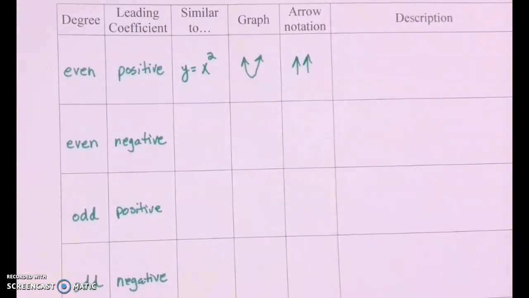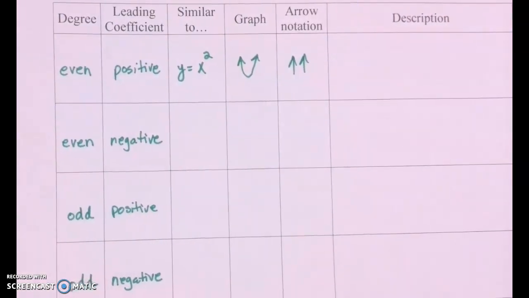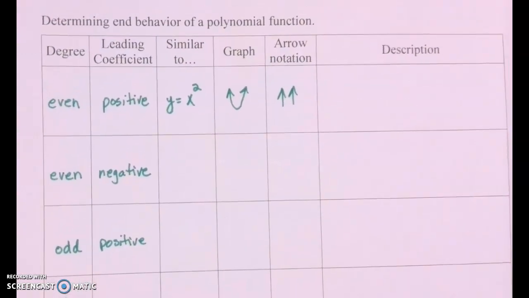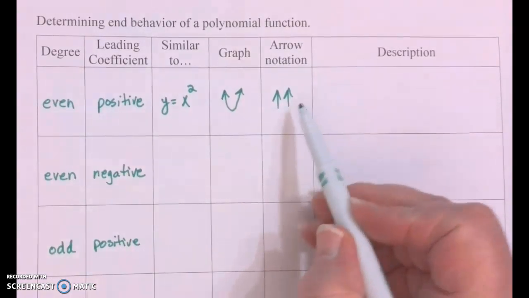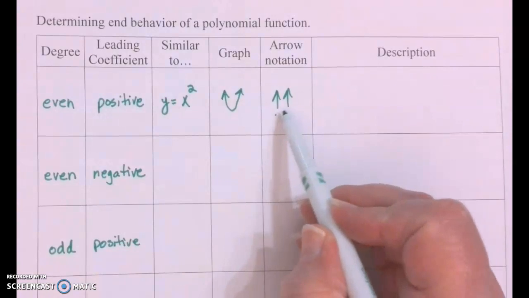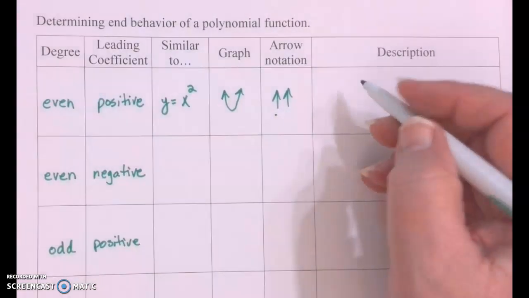Another way to describe this end behavior that you need to know, especially those of you that will be moving on to calculus or the 1 semester calculus, we need to be able to describe this based on the 2 ends. So if we look on the left, well, the left side rises.